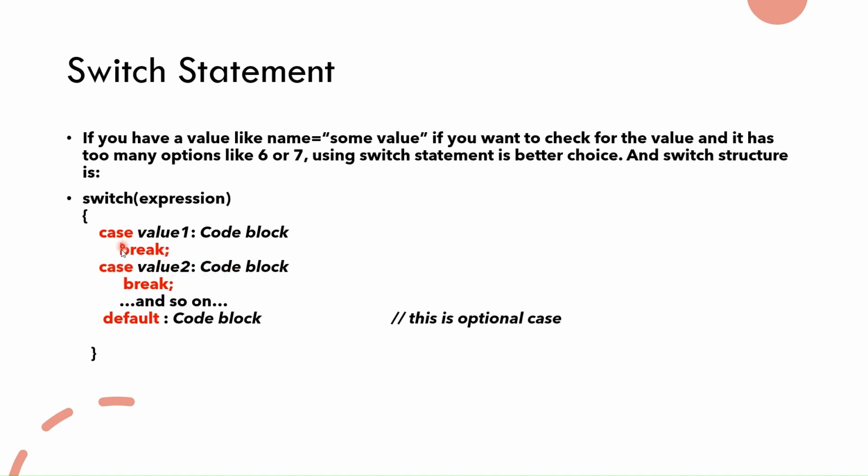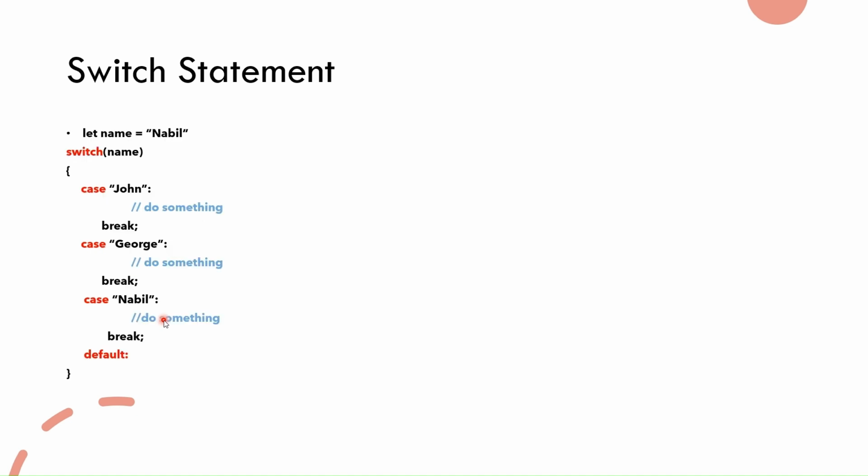If you don't put break here or here, then all code blocks will be evaluated and executed anyway. So make sure that you have a break. For default you can skip the break because it's the last option, and it will only execute if neither of those values are true. I will show you in the code example.